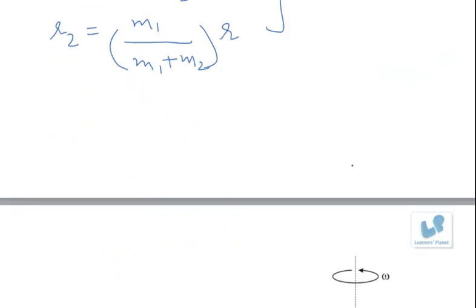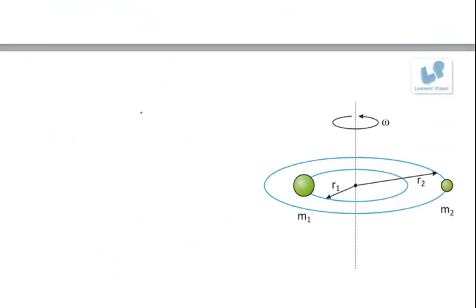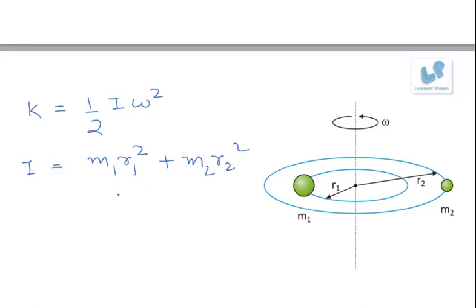Now when it is rotating about the center of mass having radius r1 and r2, the total energy, that is kinetic energy, will be given by half I omega square. Now the value of I will be given by m1 r1 square plus m2 r2 square.